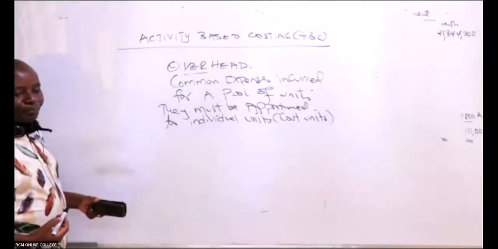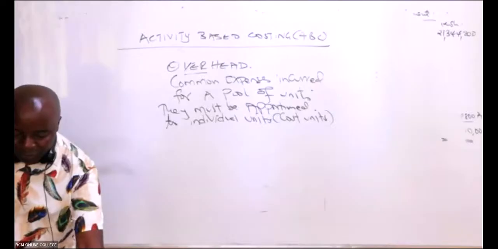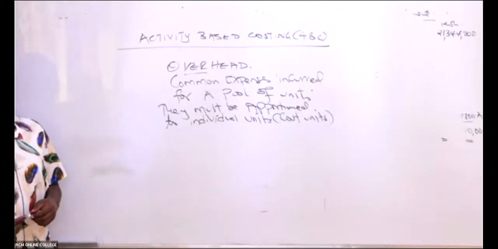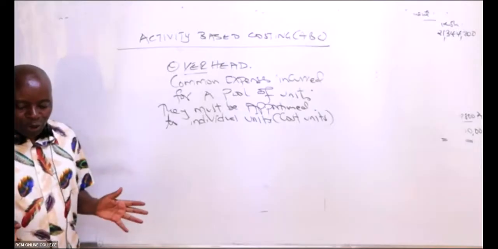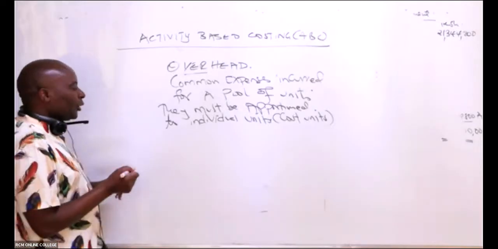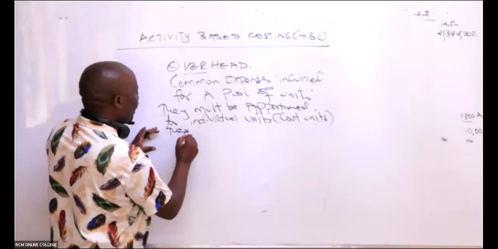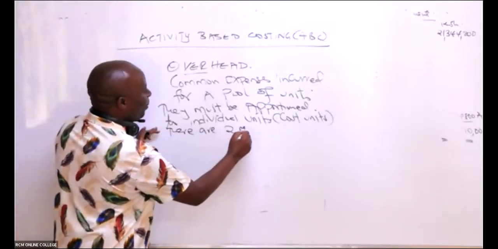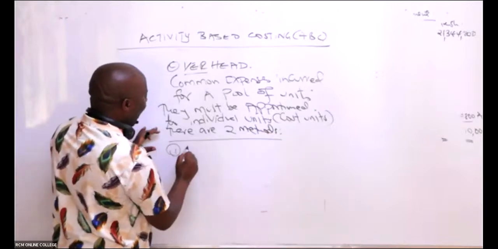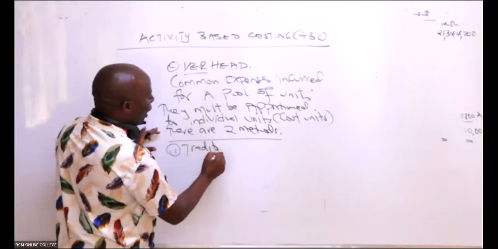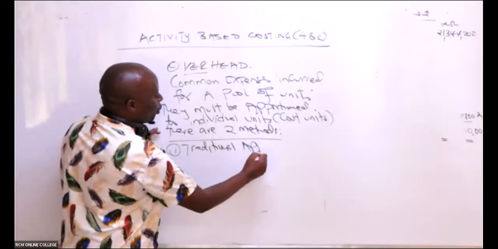So for pricing purposes, these overheads must be apportioned. There are two methods of doing the apportionment. Number one, we have what we call the traditional approach.